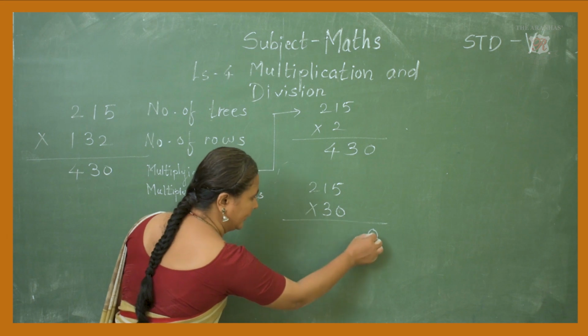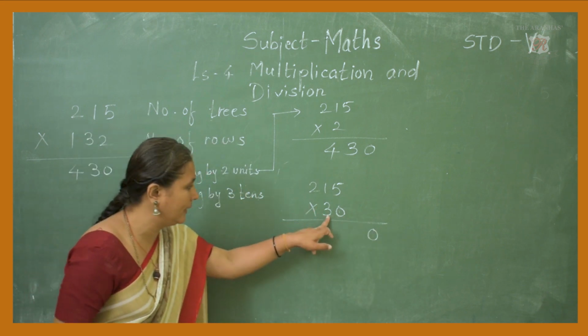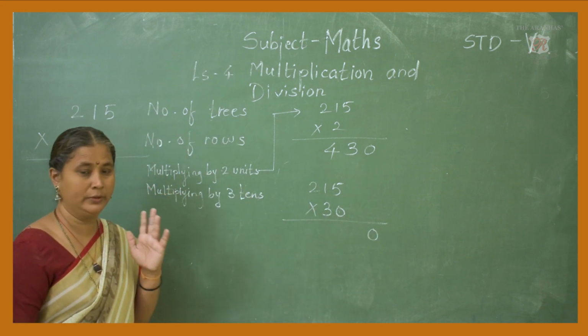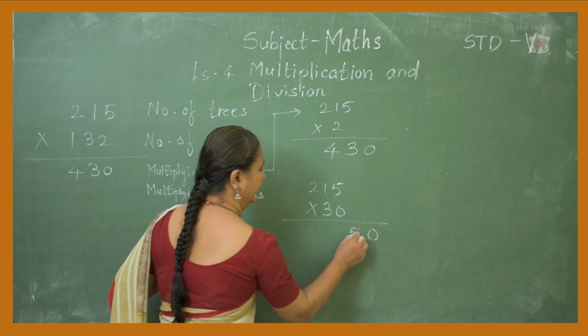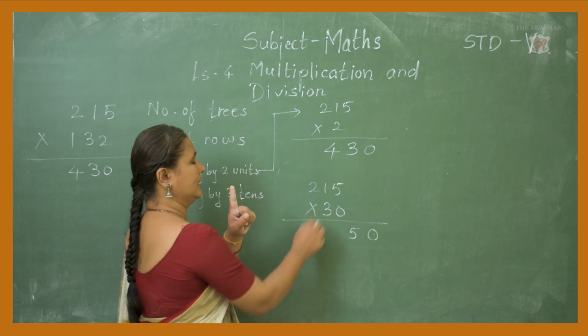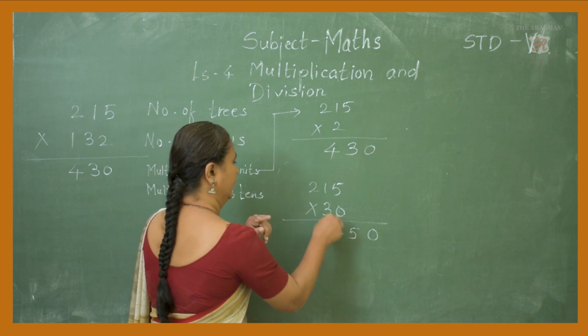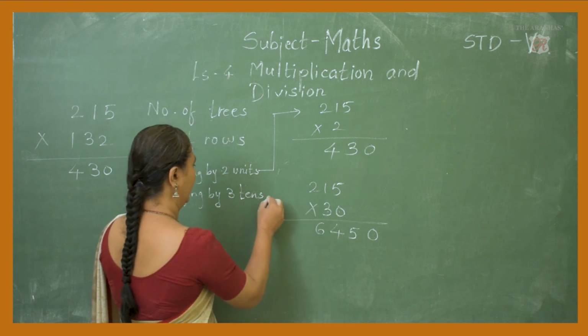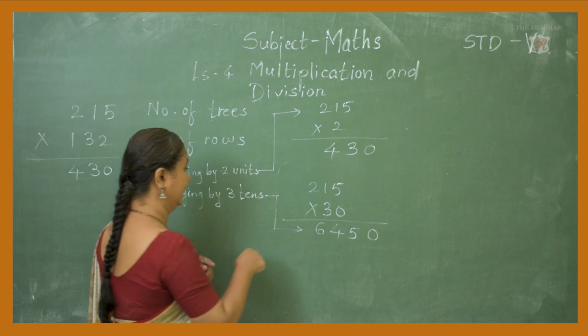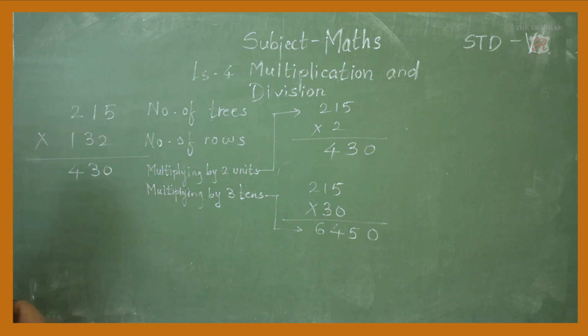So this 0 take as it is and start to multiply by 3 directly. Now, okay. 3 5s are 15. 1 5 carry. 3 1s are 3 plus 1. What is the answer? 4. 3 2s are 6. Now when we multiply by 3 tens, what answer we are getting? 6,450. So write it 450.